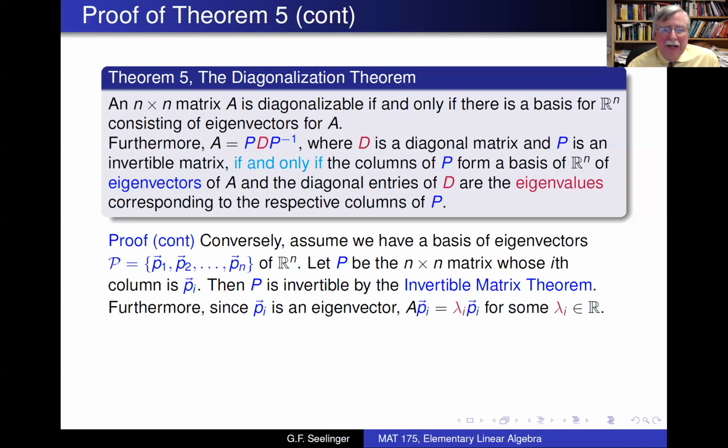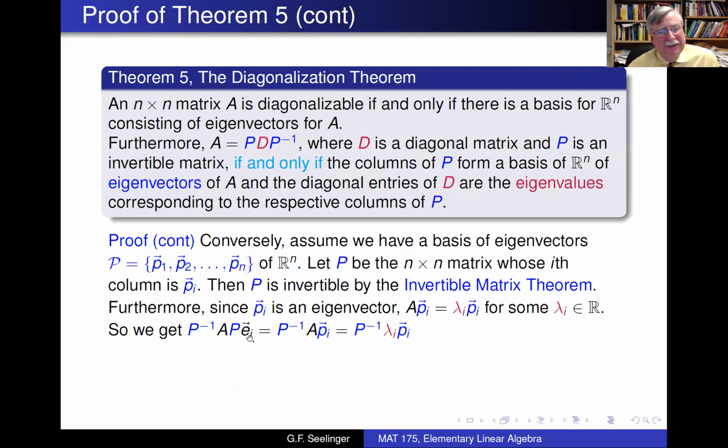Also, since pi is an eigenvector, A times pi is lambda i pi for some scaling factor, lambda i. So when we take this, remember what we do is we solve for D in this case. We put P inverse out here, P over here. P times ei is just the ith column of P, but we assumed that's an eigenvector with eigenvalue lambda i.